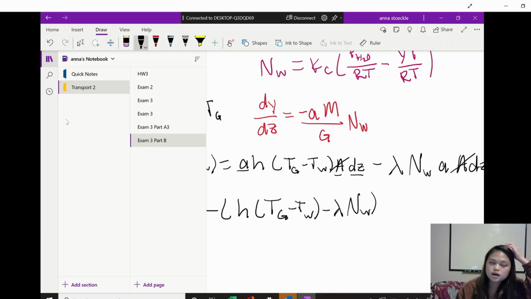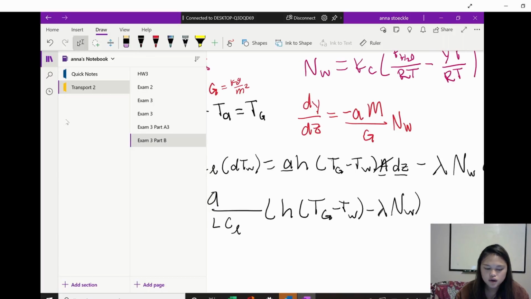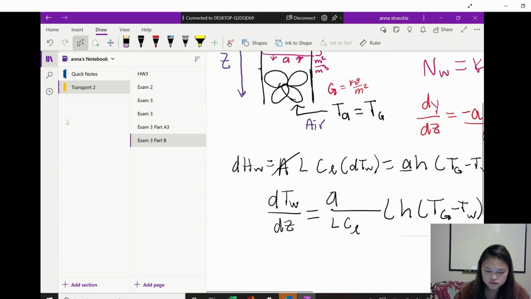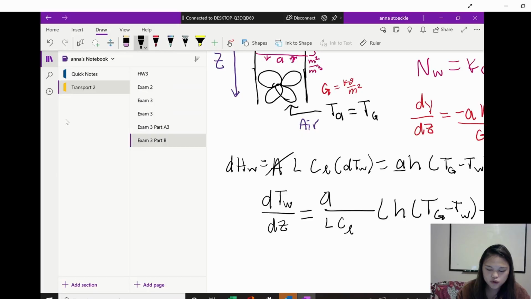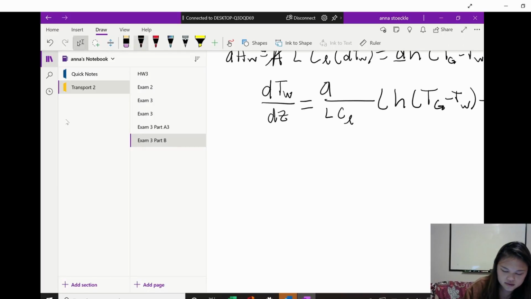And now we want to consider the enthalpy coming in and out of the region of a column. There's some enthalpy associated with the water going down and the air going up, and that's going to be in joules per second. So what I want to look at is that region of the column like we did earlier.